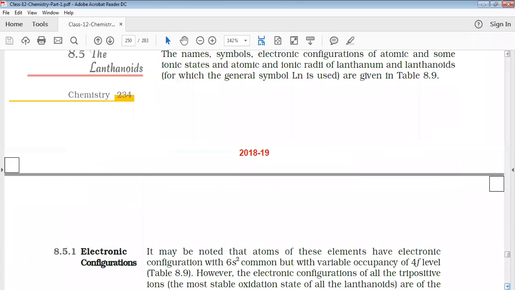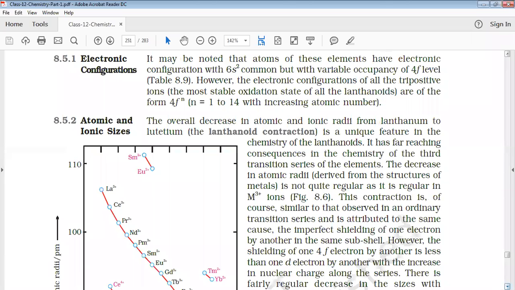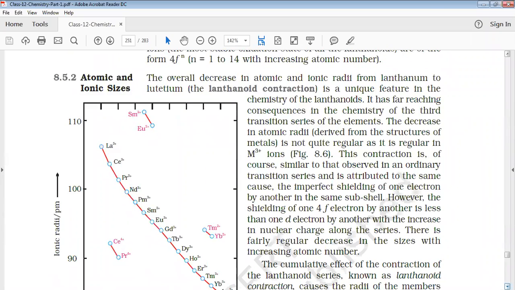Ln ಅಂತ represent ಮಾಡ್ತೀವಿ, use ಮಾಡ್ತೀವಿ. So the electronic configuration, as I informed you, is at the 4f level. So 4f series ಅಲ್ಲಿ ಇರುತ್ತೆ. The atomic size is not increasing because of the contraction. We call it lanthanide contraction.